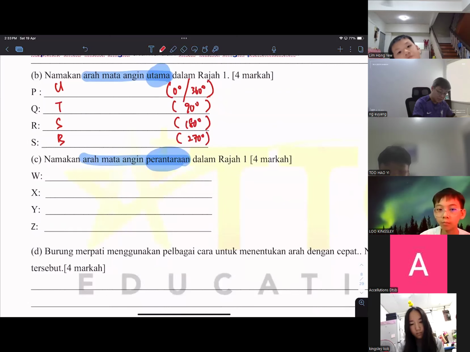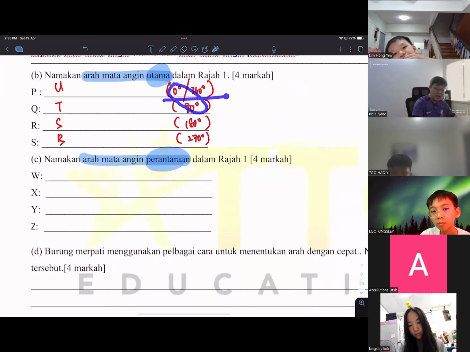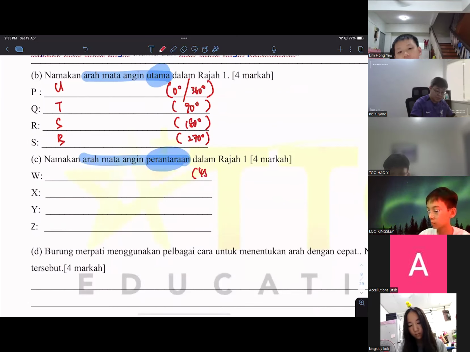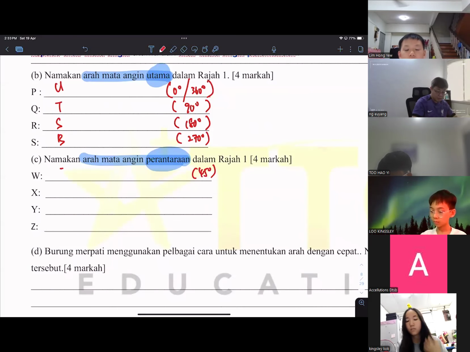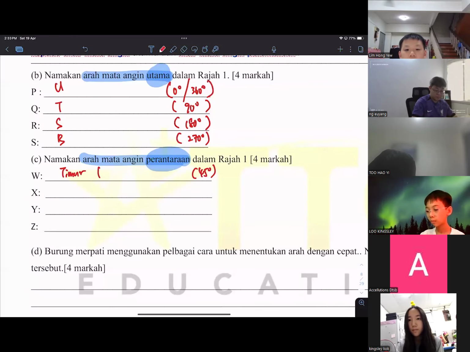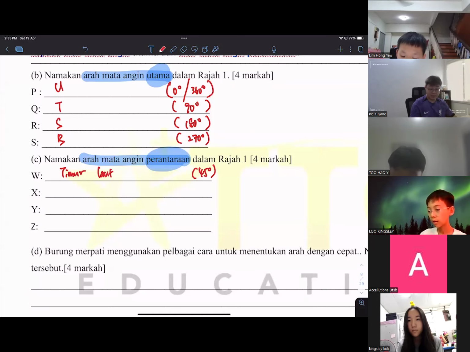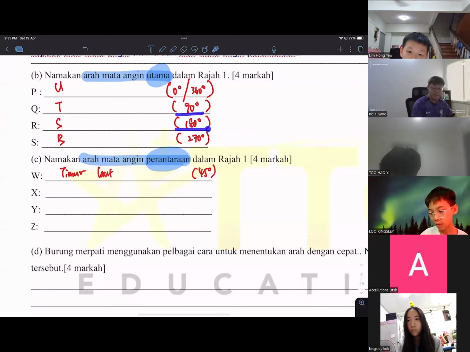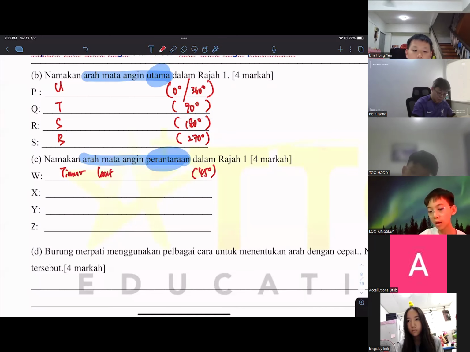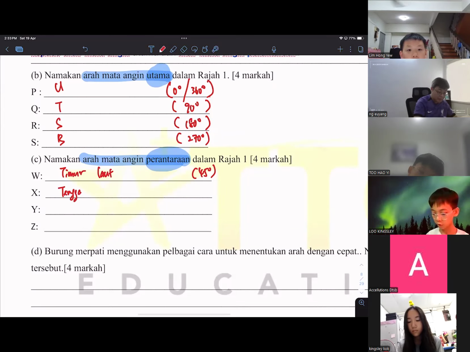So from 0 to 90 degree, half is only 45 degree. So what's 45 degree? Timur laut, right. So what is the half between 90 and 180 degree? The sudut between 90 and 180 is known as tenggara, right?